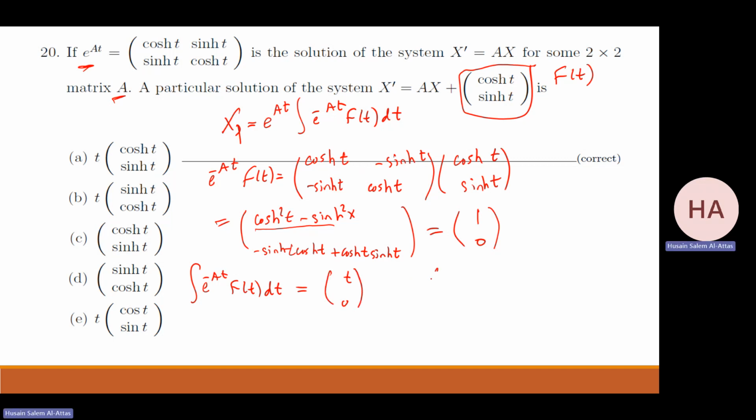Now xb will be e to the power At, which is this, times t and 0. Yeah, that easy. That will be t cosine hyperbolic t plus 0 and t sine hyperbolic t.